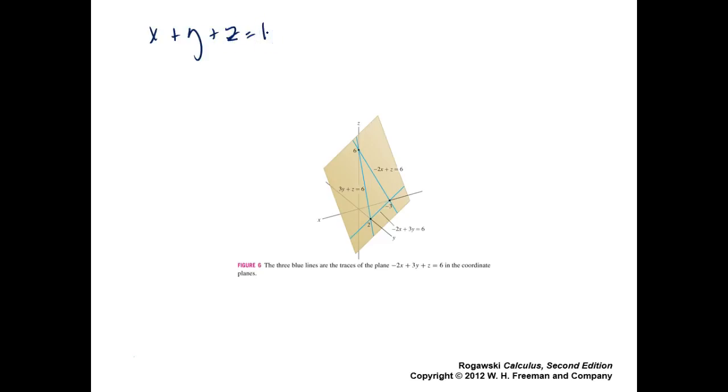Which of the following planes is not parallel to that plane? Here are the choices. 2x plus 2y plus 2z is equal to 1. x plus y plus z is equal to 3. And x minus y plus z is equal to 0. Which one or ones of those is not parallel to the one given at the top?